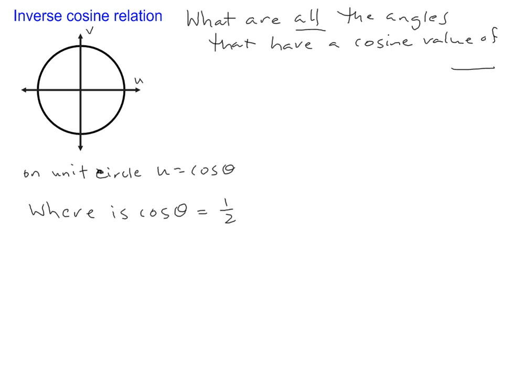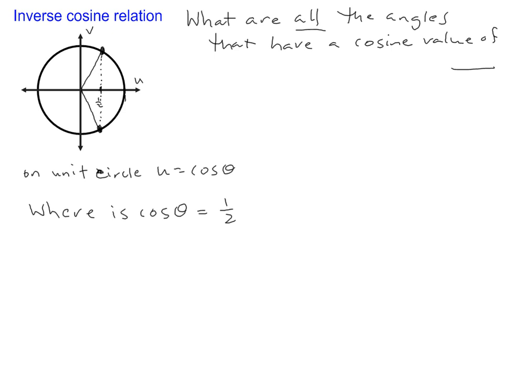I can go along the u-axis to right here. That's about 1/2, right? Because I know it's a unit circle, so the edge of the circle is 1. And there are two places on the circle, this one here and this one here, that have a cosine of 1/2. And therefore, there are two terminal rays I can draw that correspond to angles having a cosine of 1/2.